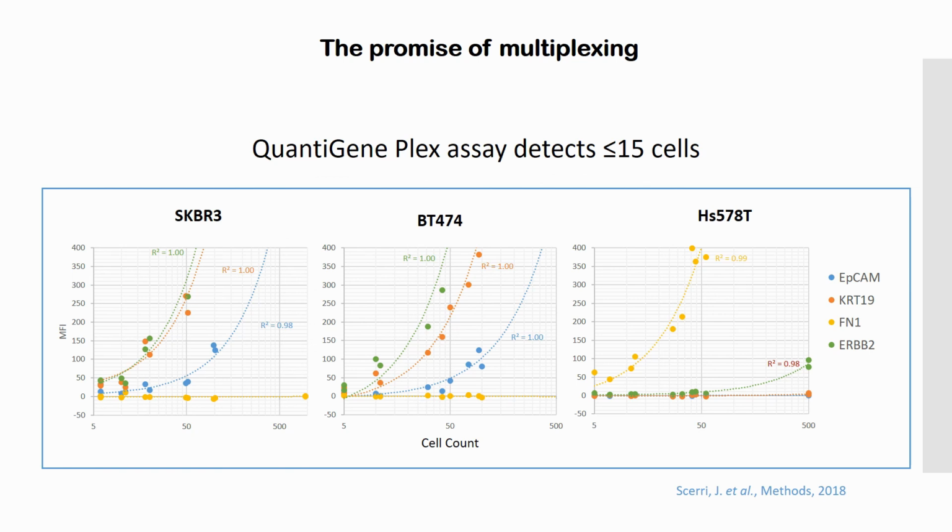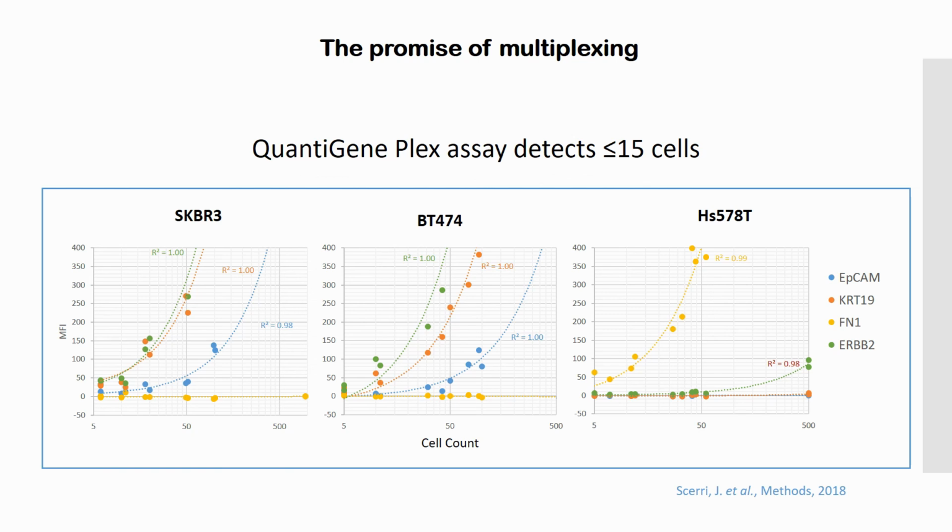Now, if we look at SKBR, which is HER2 positive, we can see that the green one, HER2, is very high, cytokeratin is very high, EpCAM is high, and it is negative for FN1. If we use only EpCAM, you can see that the magnitude is not as high as using HER2 and cytokeratin 19.